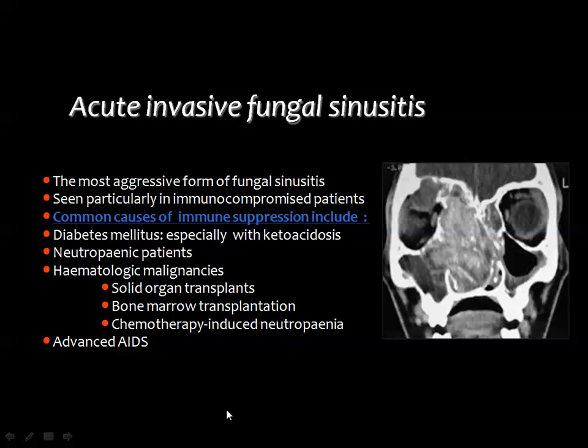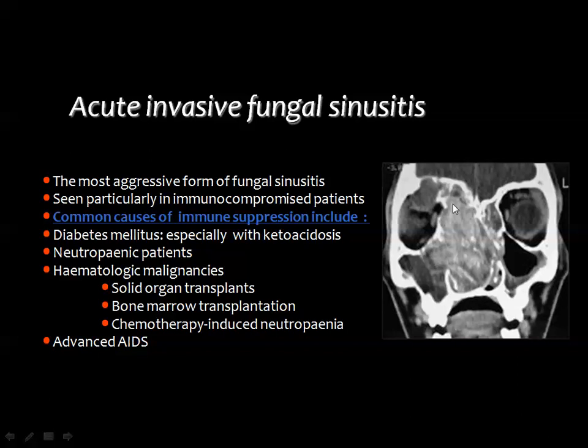The major diagnostic clue for fungal sinusitis is the presence of hyperdense shadows within the involved sinuses before and after contrast injection. And here you see that the ethmoids are markedly expanded.